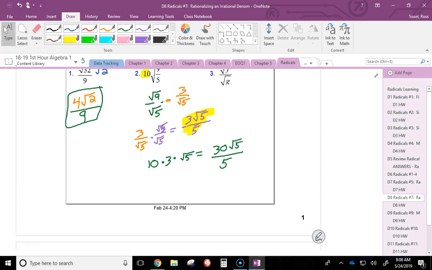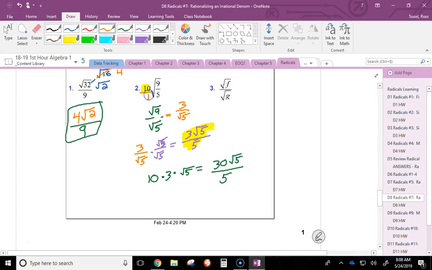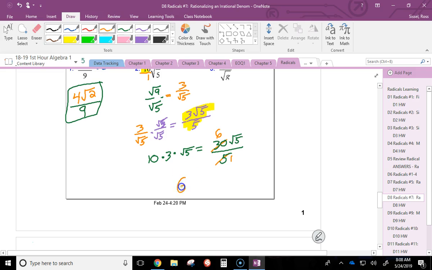This 10 means 10 over 1. Means I can put it in the numerator. I only take it times the denominator if it was 10 over 10. So then I simplified. 30 divided by 5 is 6. And my final answer is 6 times the square root of 5. Yes.